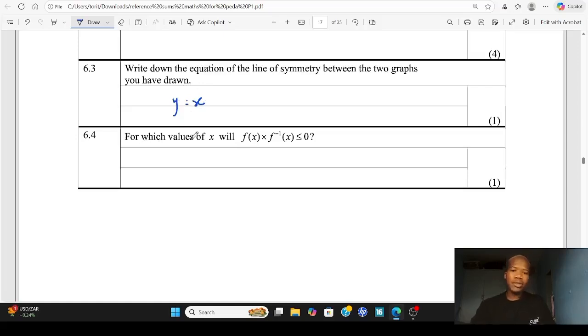So it says, for which values of x will f of x multiplied by f to the power minus 1 of x equal to or be greater than 0? So we say that those values will be whereby x is greater than 0 and x is equal to or smaller than 1, right?